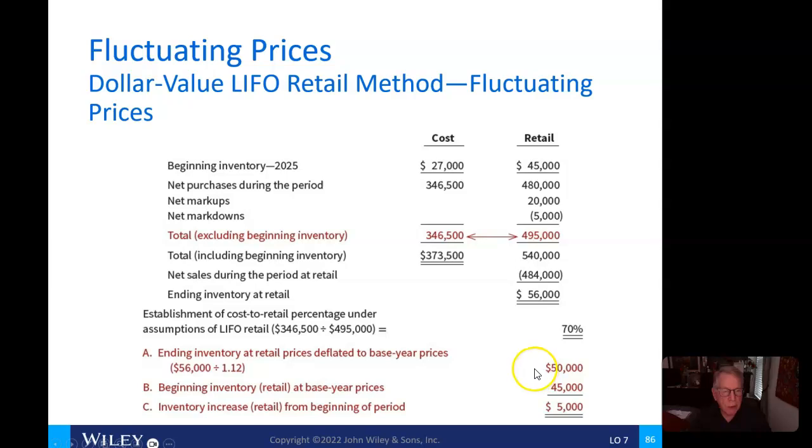And that gets you down to 50,000. And then B, beginning inventory retail at base year prices is 45,000. And inventory increase at retail from beginning of the period is 5,000.